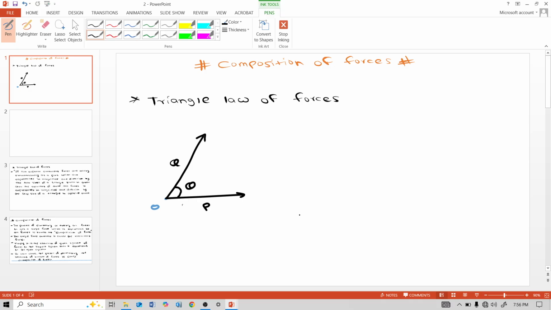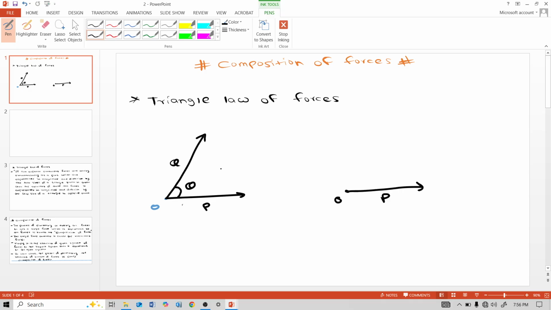So in triangle law of forces, what we will do, see here, this is point O. At point O horizontally P force is acting. So we just move this Q force to head of this P force. See, this is head of this P force.